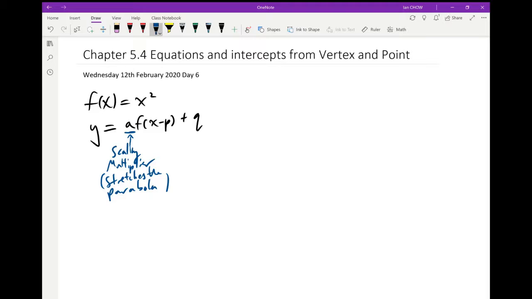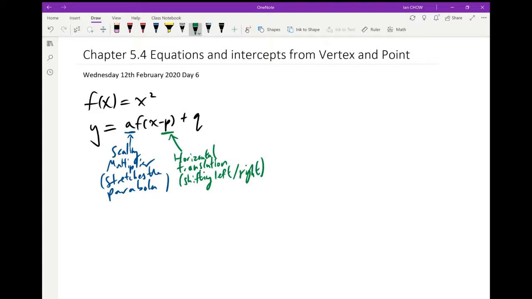So that's a. And then we also have p here, which is going to be the horizontal translation, which means that it is shifting left or right.